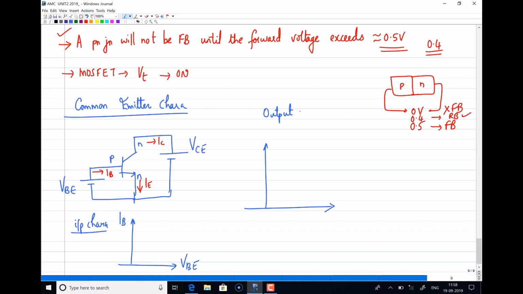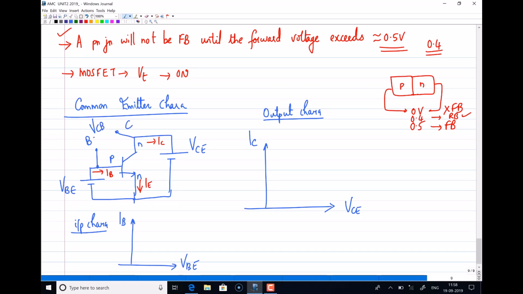Now if you look at the output characteristic, the output characteristic is drawn between IC and VCE. Now the voltage I have connected is VCE, but the junction reverse biasing depends on the voltage VCB.